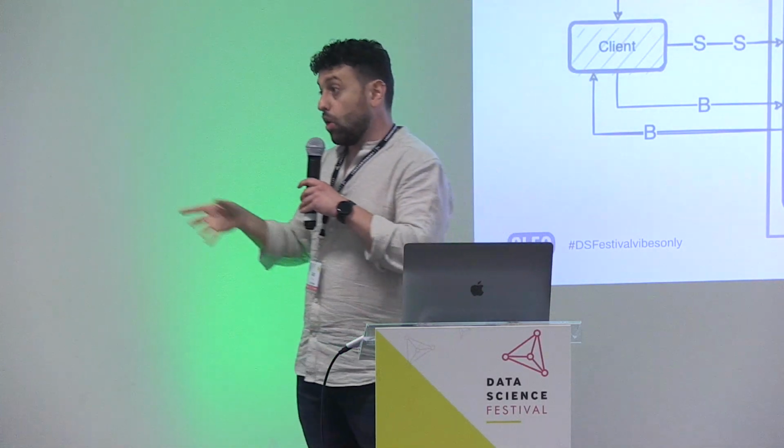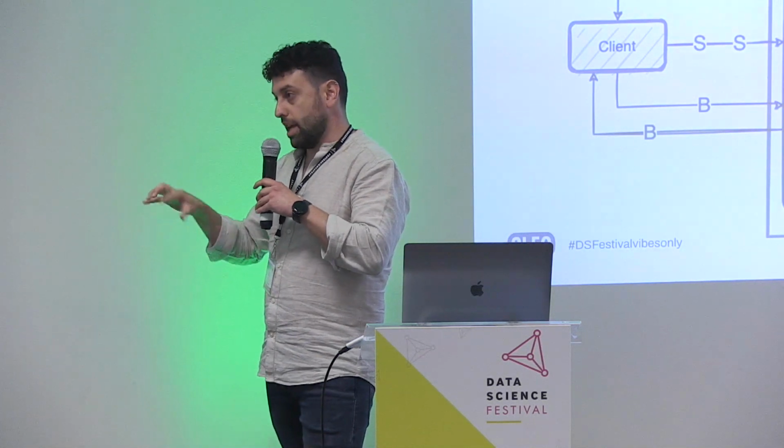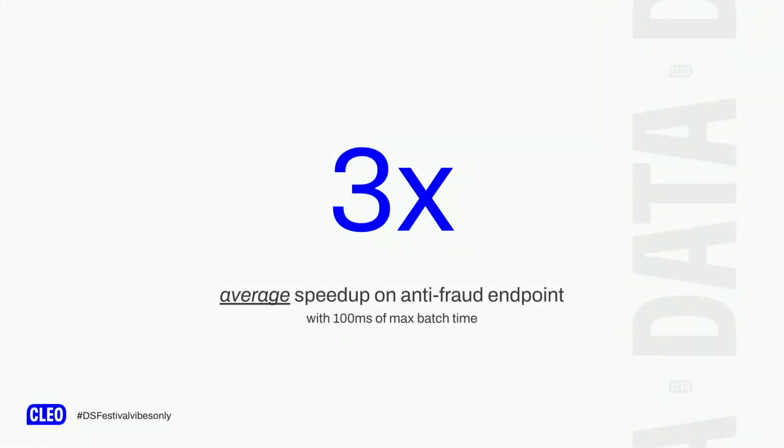This is a good way to optimize, on average, the performances of our services. On average, of course. In fact, we had an average speed up on the anti-fraud endpoint because we have more than just the transaction enrichment services in production right now. We were able to optimize also the anti-fraud endpoint using server-side batching.